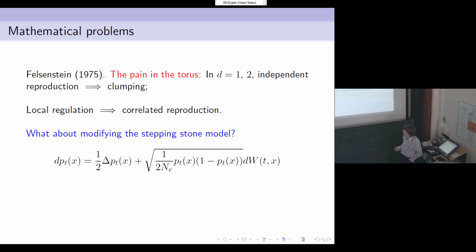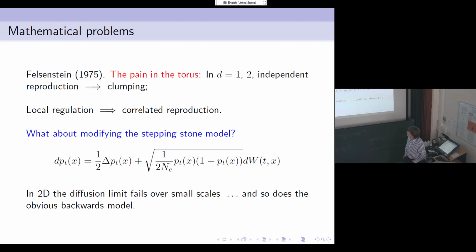But when we tried to generalize that to a continuum, again, as we said last time, so I'm trying to rush through this a bit, we arrive at a stochastic partial differential equation, and we observe that, first of all, this is not the equation that you would get if you were to rescale a stepping stone model according to a diffusive scaling in two dimensions. You'd actually just get heat flow. And second of all, actually, this doesn't have a solution in two dimensions anyway, so why even try? So we need another approach.